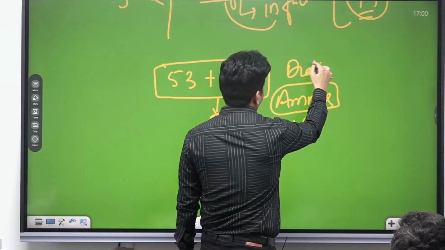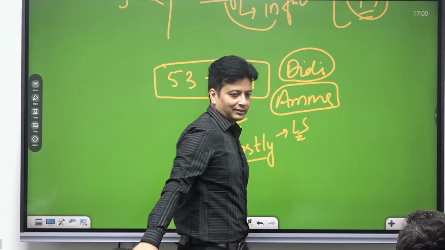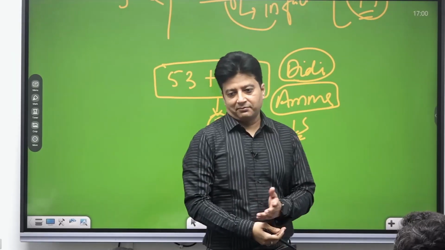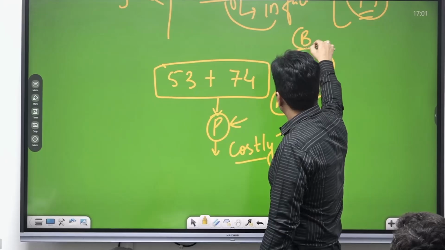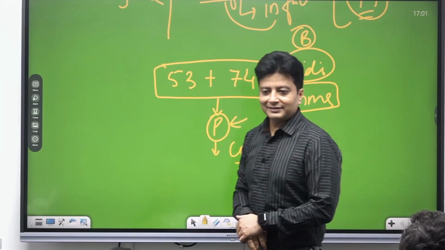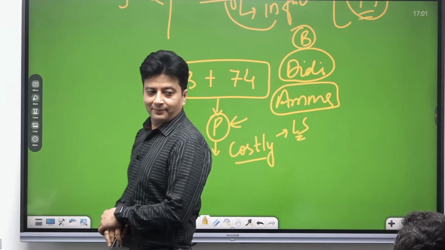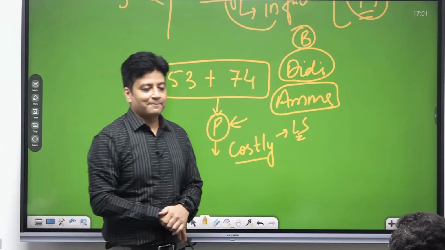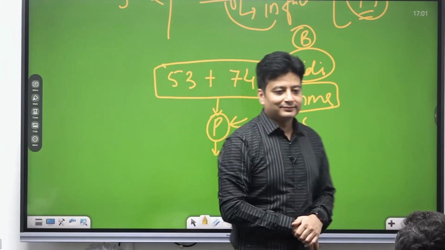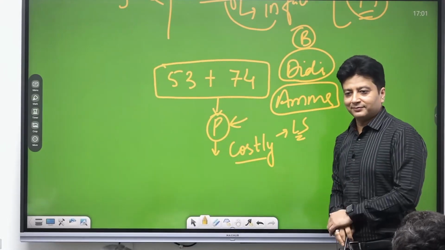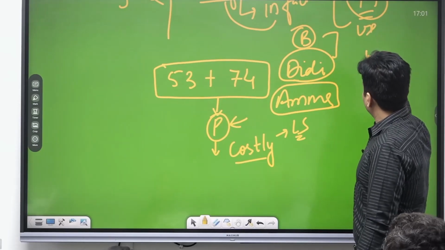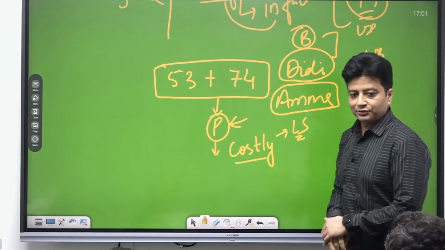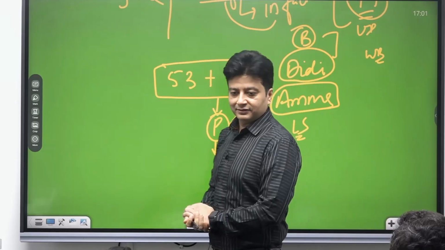Who is Didi? You are saying West Bengal. Okay, maybe I am accepting. There is Bahenji also. What is the difference between Bahenji and Didi? Both the words are the same. But here, a lot of difference. From UP to West Bengal, not only geographical distance, but also party difference.